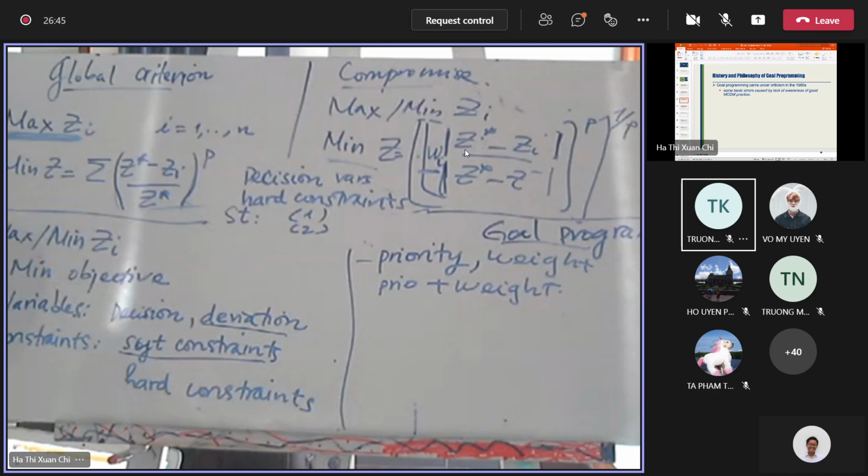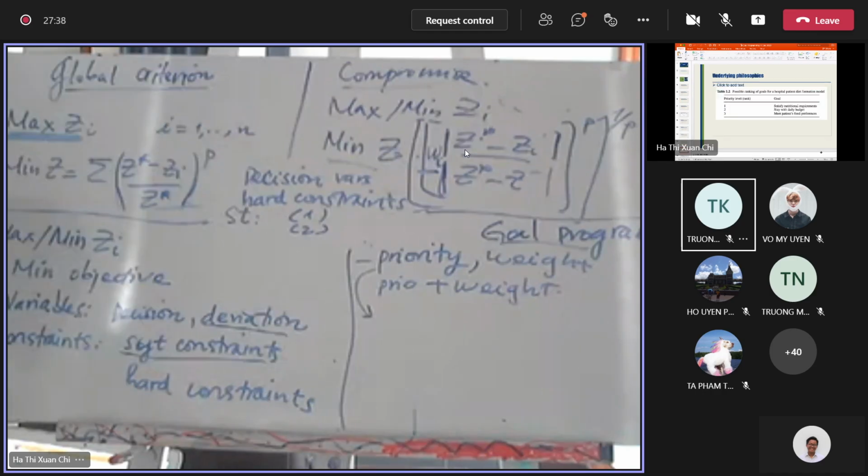So for example, okay, before I talk about the priority, let me talk about the goal. So in here you have objective, but you can see here you have goal. Who can let me know what is the difference between objective and goal? What is different, everyone?